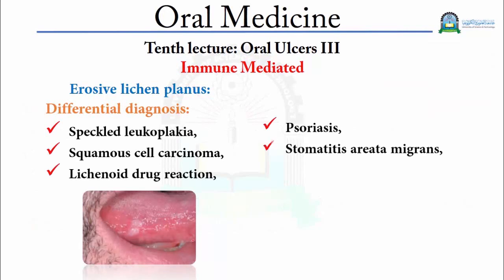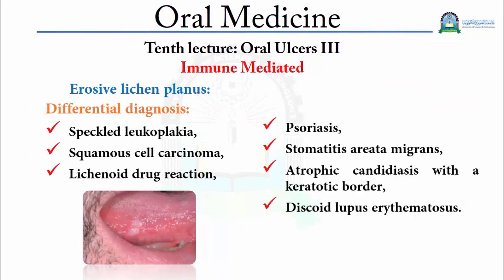Differential diagnosis of the erosive lichen planus, we can find other similar lesions such as speckled leukoplakia, which is the leukoplakia that has a white base speckled with erythematous lesions. Squamous cell carcinoma, which is an important and very dangerous, very invasive cancerous lesion of head and neck.